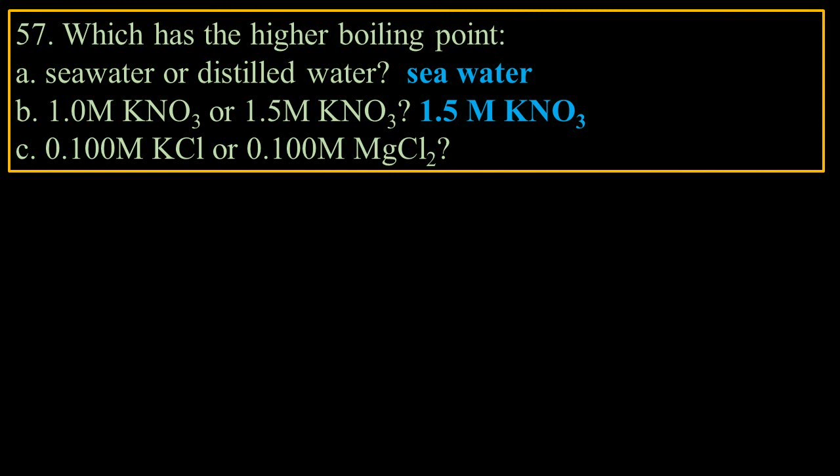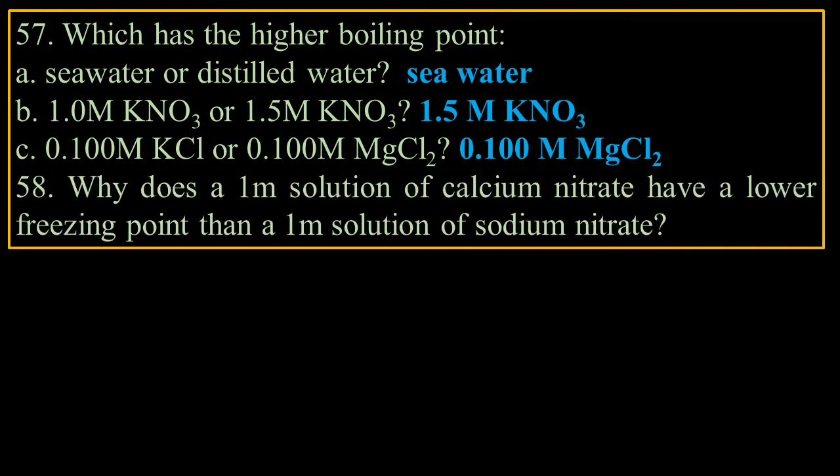Next, 0.1 molar KCl or 0.1 molar MgCl₂. So it would be the 0.1 molar MgCl₂, because the MgCl₂ will give up 3 particles and the KCl will only give up 2 particles. And that is indeed the case, and that's a very important concept to make sure you understand.